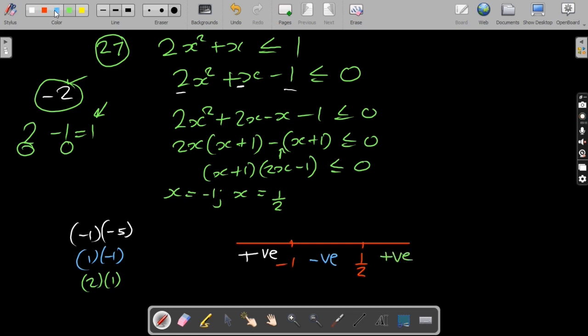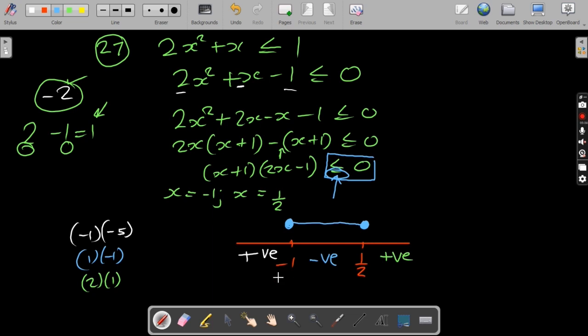Now we're going back to the question. The question said, where is this less than or equal to 0, or where is this equal to 0 or negative? And this section answers this. Now we're going to have shaded dots, because we also have an equal sign there as part of the expression.